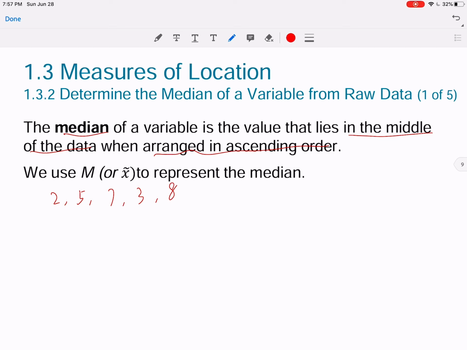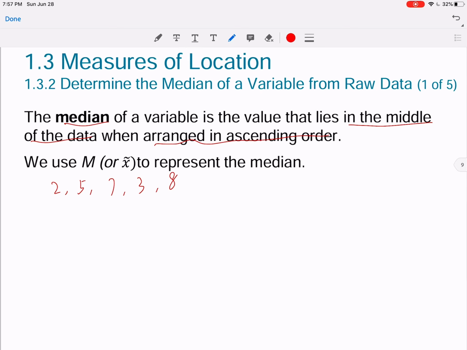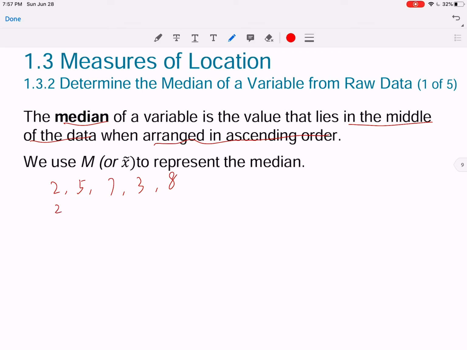I gave you a data set with these 5 numbers, and if we want to find the median based on the definition, we first rearrange the data set in ascending order. That will be 2, 3, 5, 7, and 8.